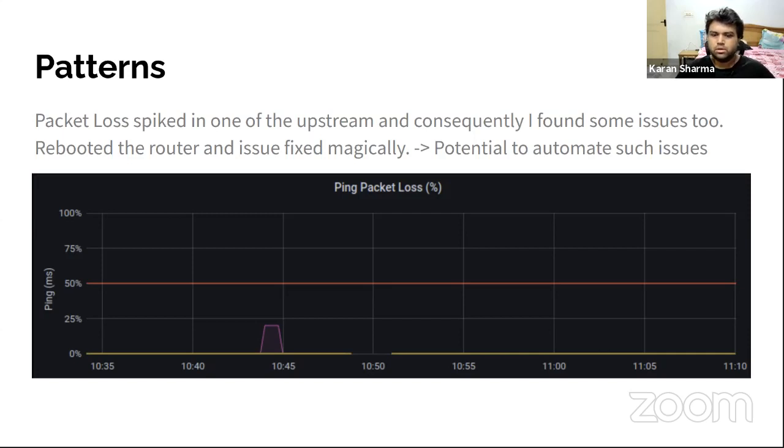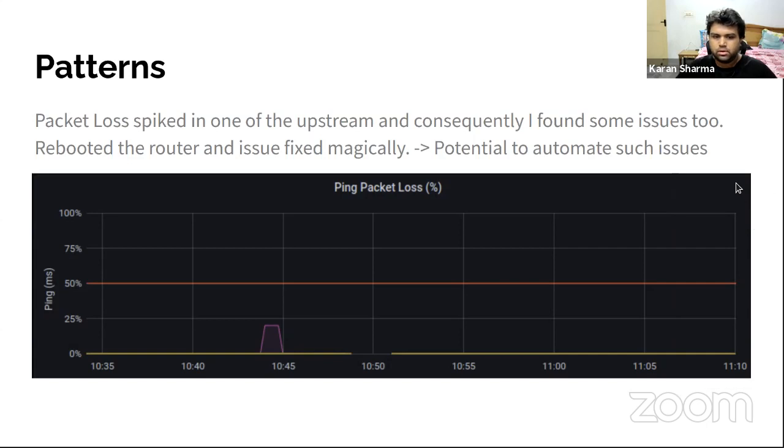Let's say you are in Delhi right now, and an upstream in Singapore is failing due to ISP routing issues. These are very frequent, but packet loss beyond a certain percentage is when it impacts the real browsing experience. In my particular use case, if I see a lot of packet loss, I tend to reboot the router, and that kind of fixes my problem.